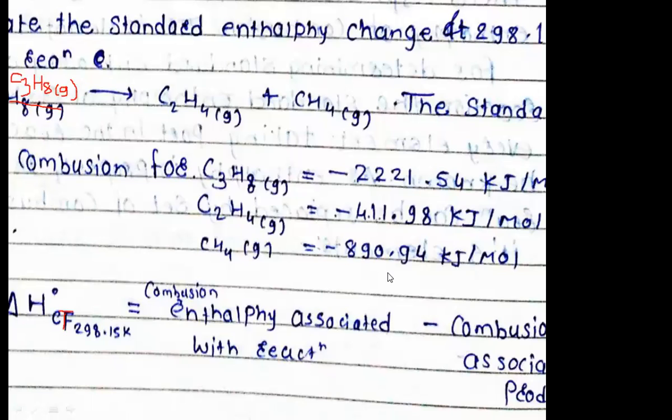Then next, you do the operations now. Reactant is only C3H8 gas, so minus 221.54 is only one constituent.